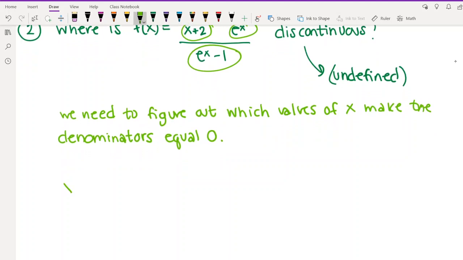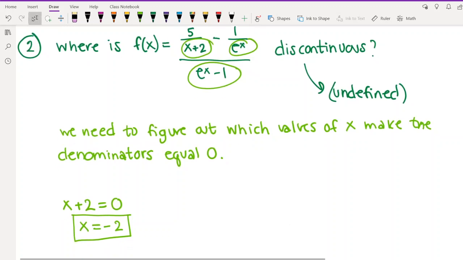So what would make x plus 2 equal 0? That would be when x is equal to -2. And so basically, if you try to plug in -2, you'll see that this function is undefined at -2, and therefore it is not continuous at -2. So our second denominator, and maybe let me just color code this, was e to the x.